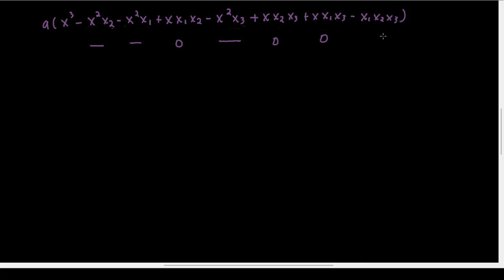This last term is kind of an x to the power of 0, and it will be by itself as well. So after you do that, you should get something like this. Oops, made a little mistake.